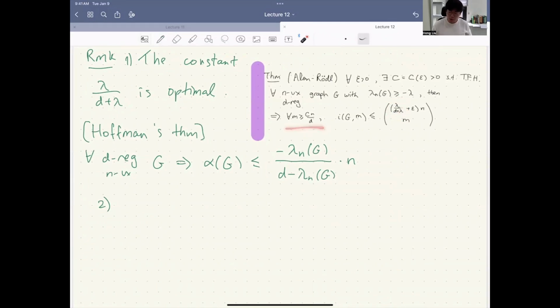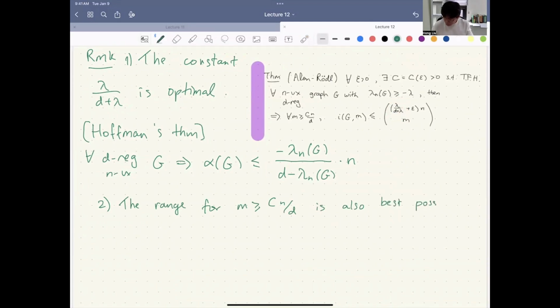This is also optimal up to the constant C. So the range for m is also best possible up to the constant C.